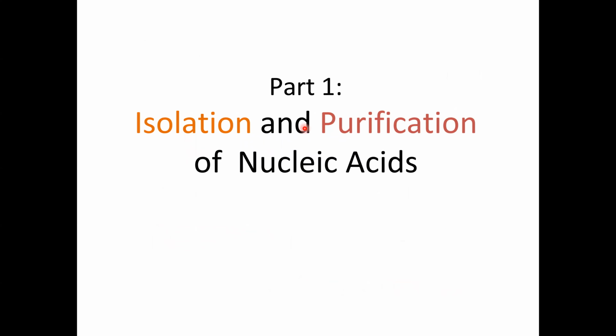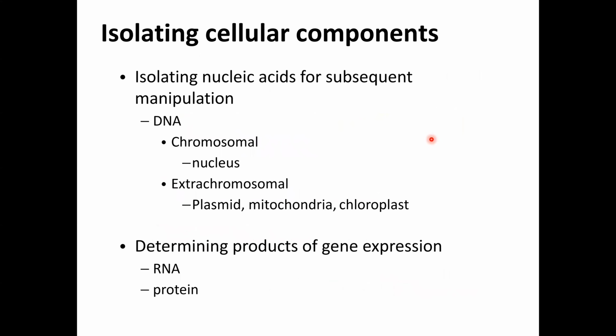As I mentioned, I divided our discussion into different parts. For this part one, we're mainly focusing on the isolation and purification of your nucleic acids. If you're going to isolate the cellular components, it is actually a subsequent manipulation.